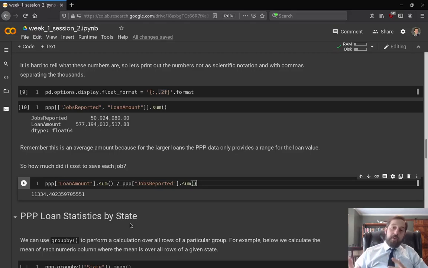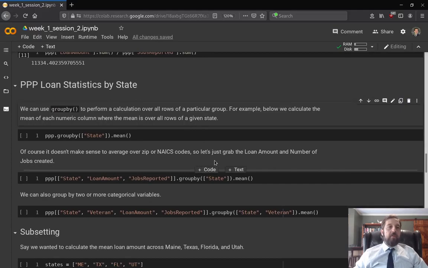But what we might want to do is take a look at what was the number of loans by state, right? We could also look again by NAICS code, that would be by industry, but here let's take a look at state. And to do this, Pandas provides a very convenient function called group by.